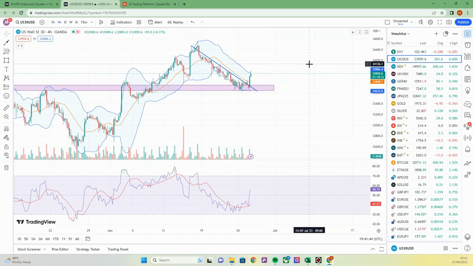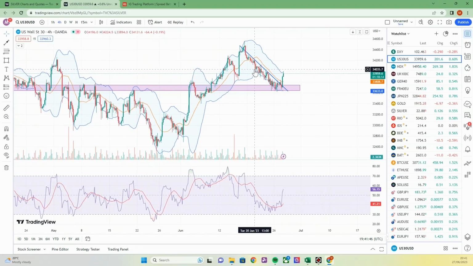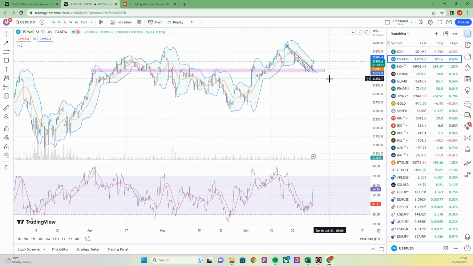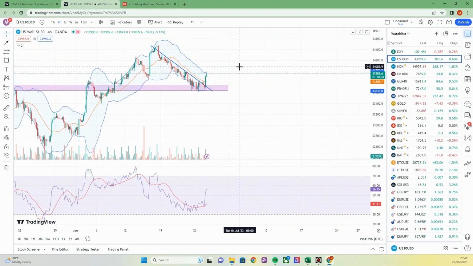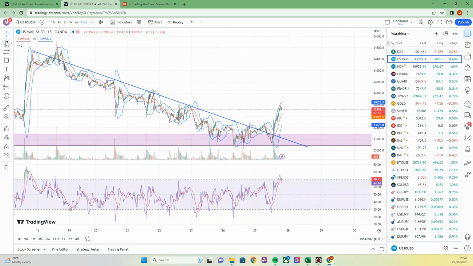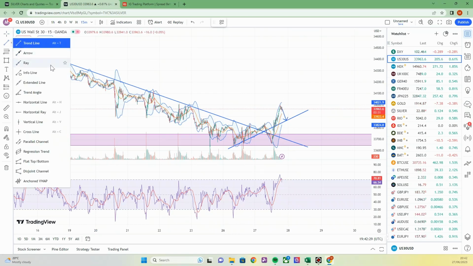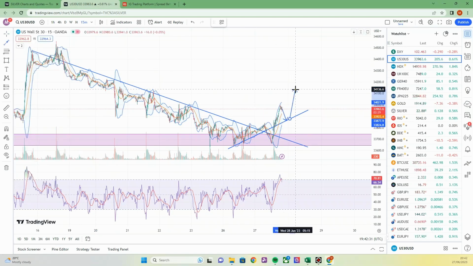Right. Let's go through my conclusion on what I think then. So, Dow Jones, US 30. I want to see some sort of pullback to around here at least, and then continue off like that.